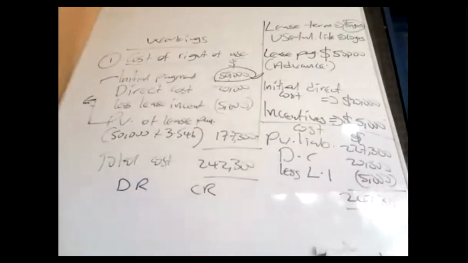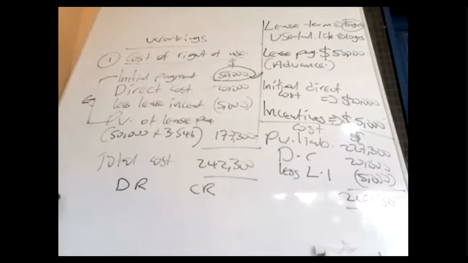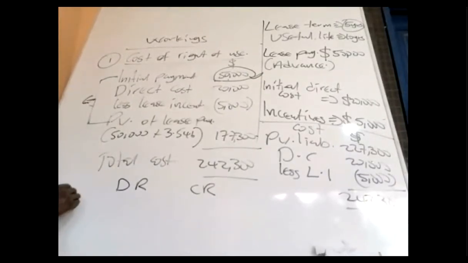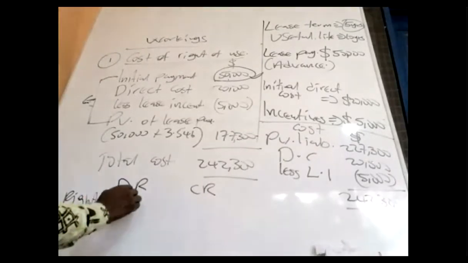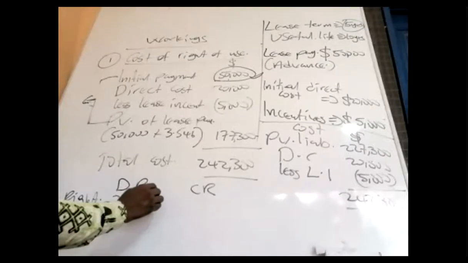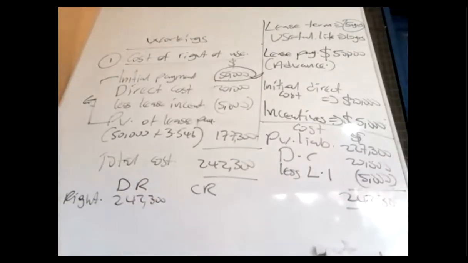Let's summarize this transaction. There's an asset, right of use. So we should call it what? Right of use, which is debit, right? 242,300. Okay. Now, what is the present value of the lease liability?